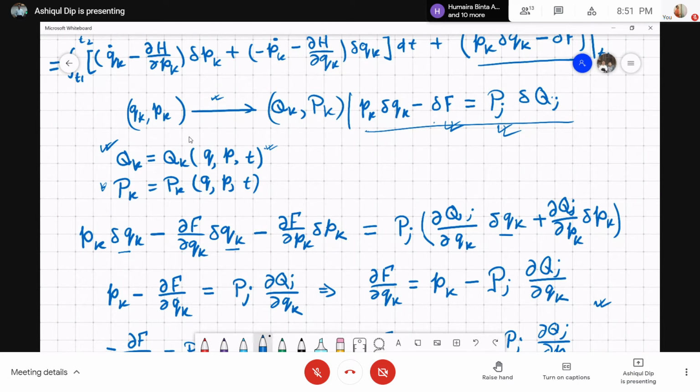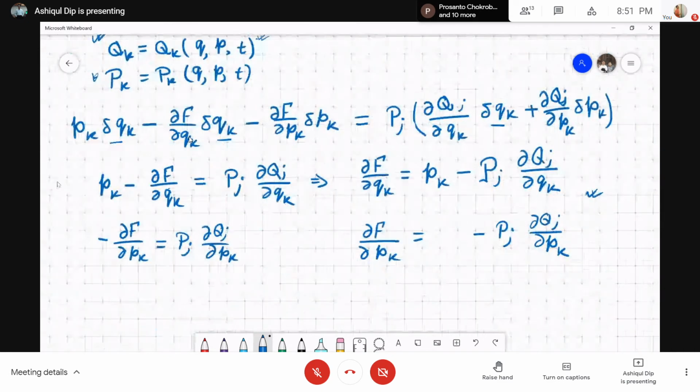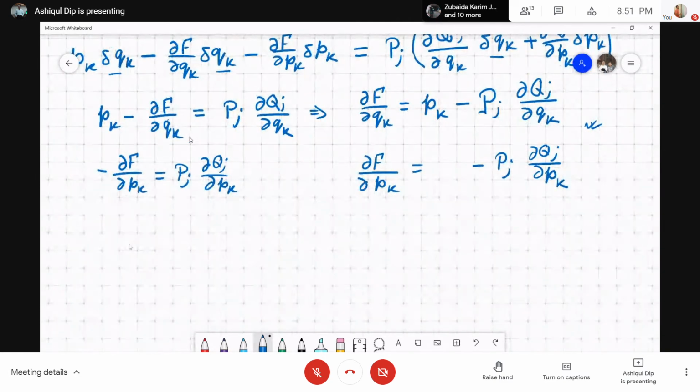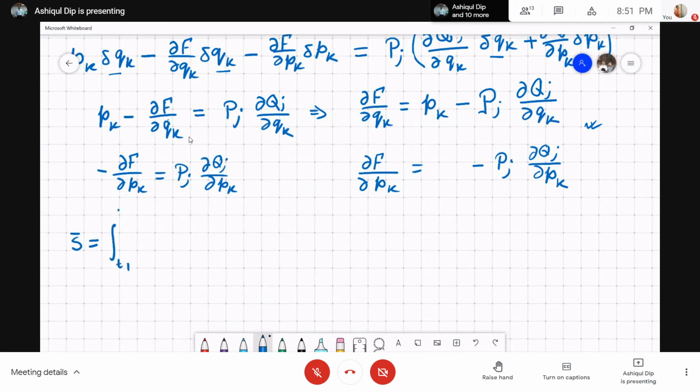Now, considering those relations, all we need to do is substitute them inside our old S bar. That's the goal. We have relations for what our small p_k is, what delta f by delta q_k is, and what delta f by delta p_k is. We want to substitute those results inside S bar. S bar was nothing but the integral from T1 up to T2.